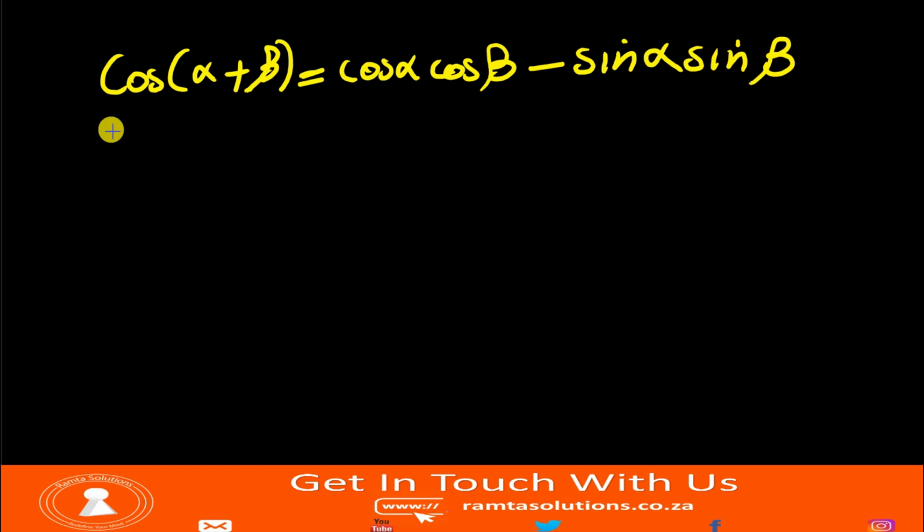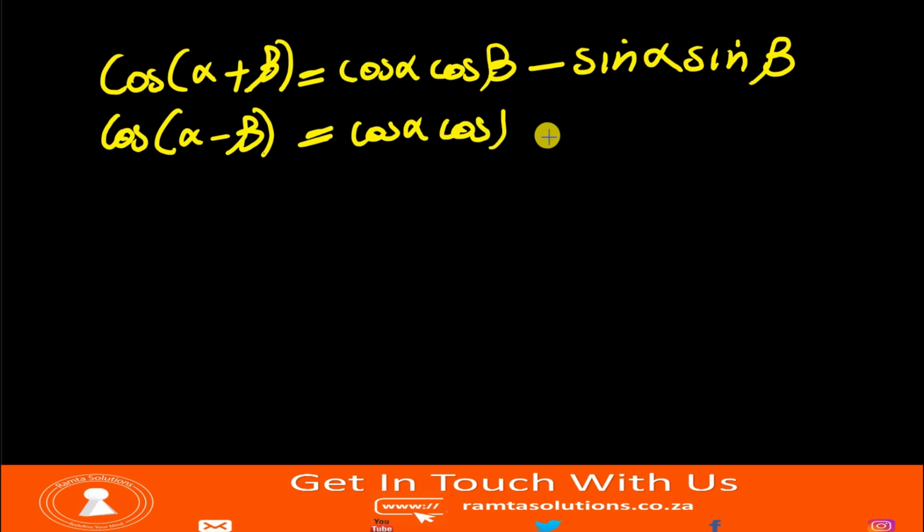Remember, again, that cos alpha minus beta was cos alpha cos beta plus sine alpha sine beta. So for compound angles of cosine, if it's cos of one angle plus another, that formula will have a minus in between.